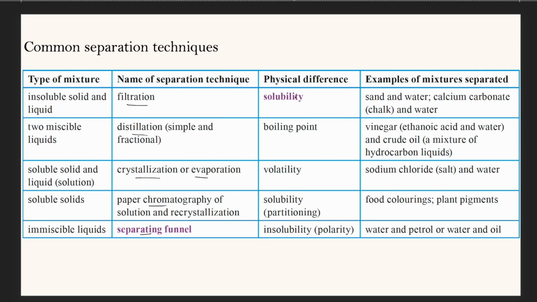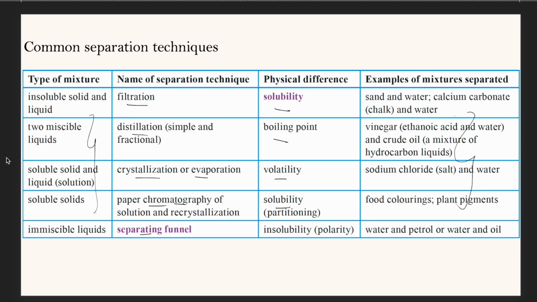So physical differences: in filtration, solubility; in distillation, boiling point; crystallization and evaporation depend on the volatility, like the ability to evaporate; and paper chromatography and recrystallization depend on solubility. So these are the examples. These are the types of mixture.